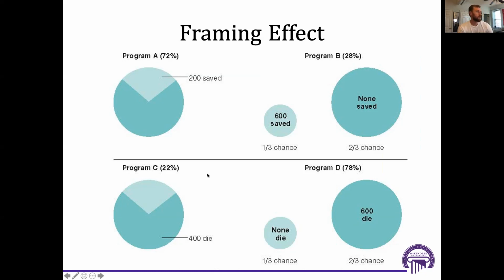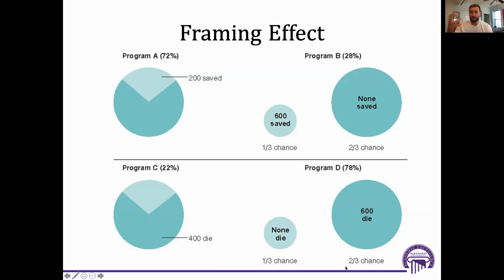What we see here is a reversal. And one thing I want you to note is that program A and program C are the exact same and B and D are the exact same. The only way in which they differ is how things are framed. So instead of focusing on lives saved up here, we're focusing on number of deaths down here. Whenever we switch the scenario a bit, even though it's the exact same in terms of numbers and probabilities, people were actually more likely to choose program D as a result.